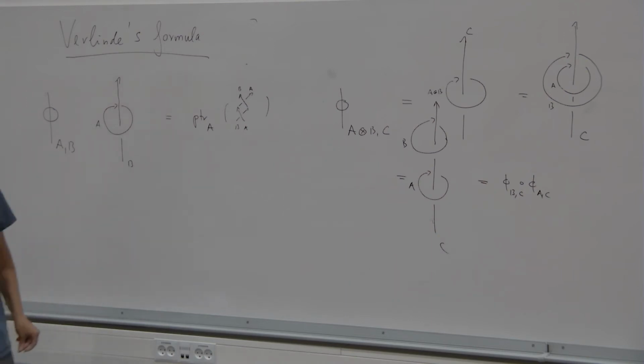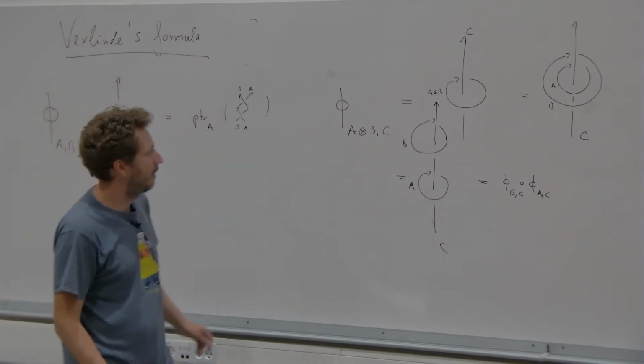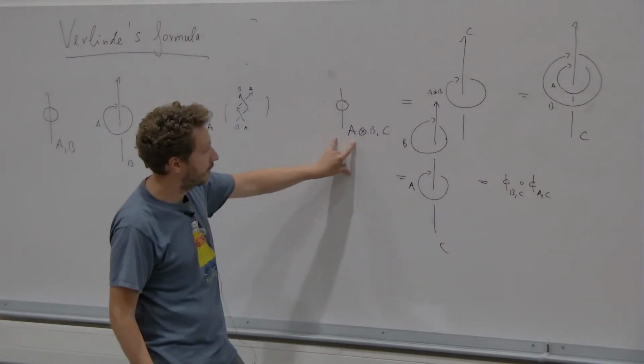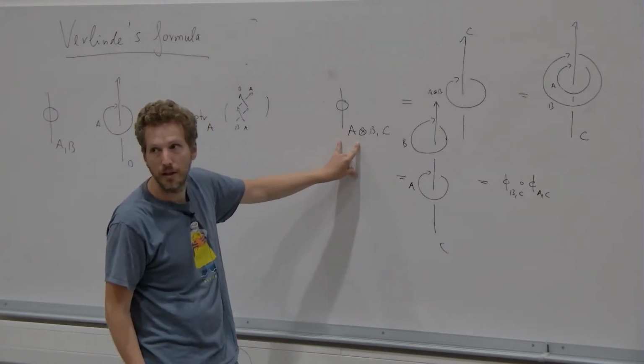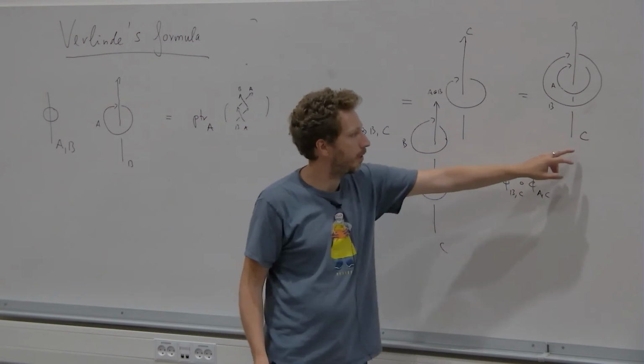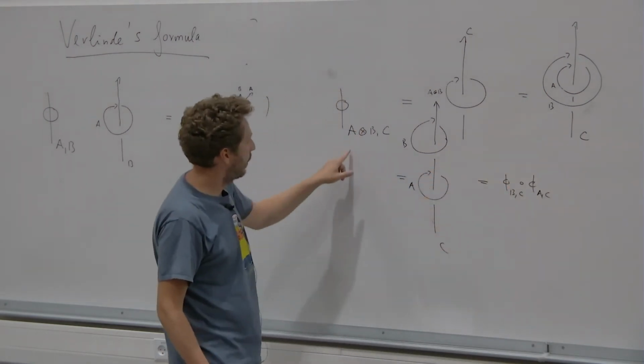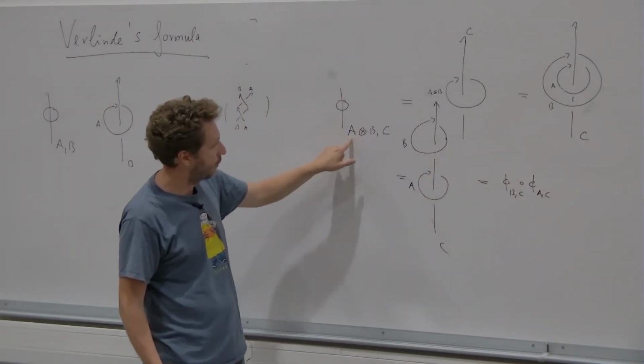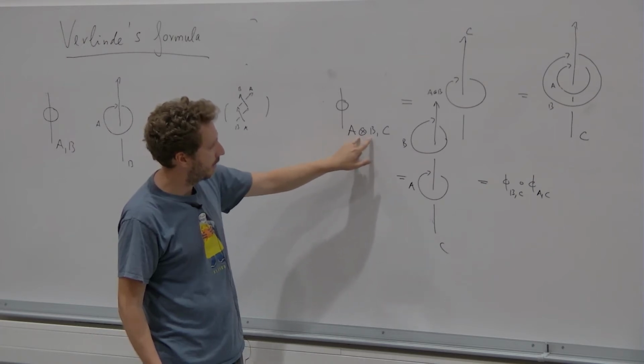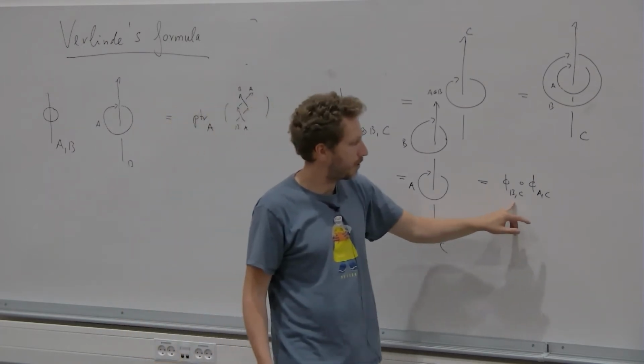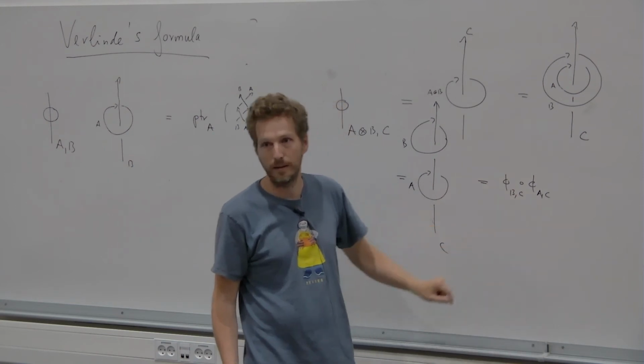We have a map from the tensor ring of our tensor category to the endomorphism ring of the object C, and this map is a morphism of rings, because the image of A times B is the composition of the images, right?